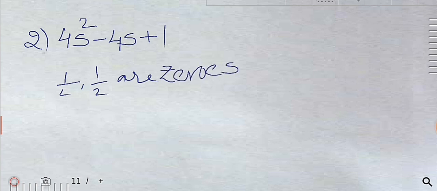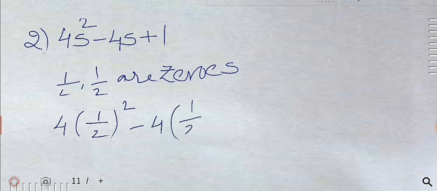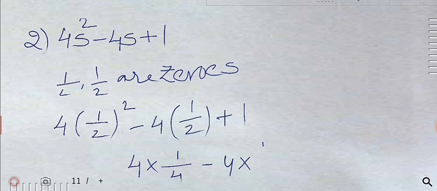Now let us check: 4 into 1 by 2 whole square minus 4 into 1 by 2 plus 1. 4 into 1 by 2 whole square is 4 into 1 by 4. 1 square means 1, 2 square means 4, minus 4 into 1 by 2 plus 1. Here 4 and 4 get cancelled.